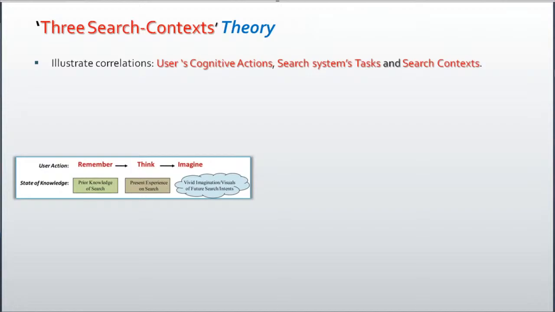To start your search, you will more or less rely on the remembering process, which is recalling the possible prior knowledge, right? So it will be accessing the prior knowledge about the search. Based on this state, you will apply your query in the system.